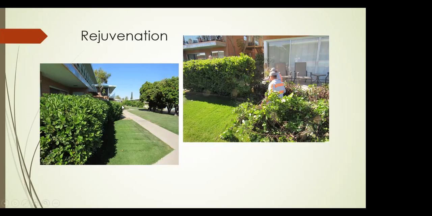But a lot of the highway plantings and so forth, you'll see they'll come in, they'll renovate them, or sorry, rejuvenate them, and then renovate. Maybe the same kind of process word. Anyway, and then they grow them back as a natural plant. When they get really tall like this again, then they come and cut them down. 5 years or 10 years later, they remove them again, and they bring them back to stubs.